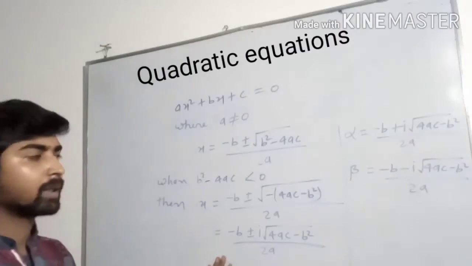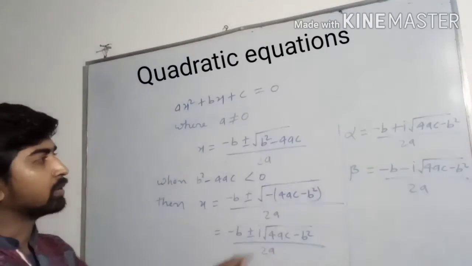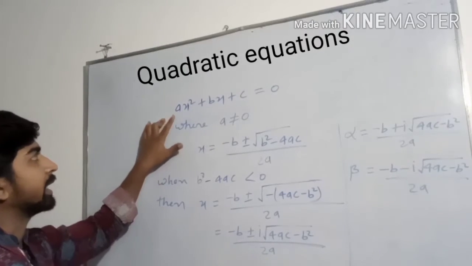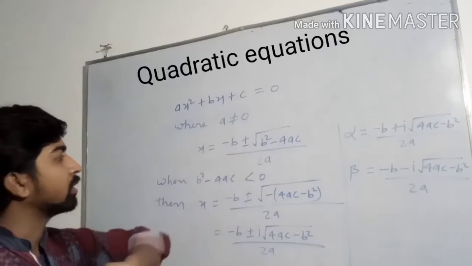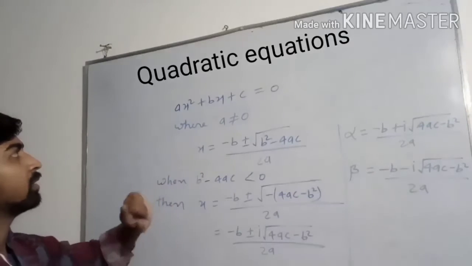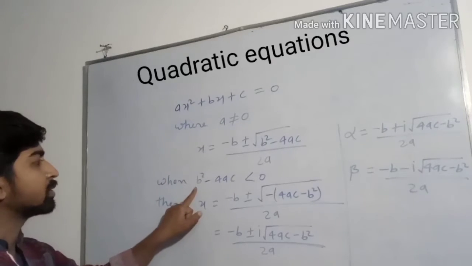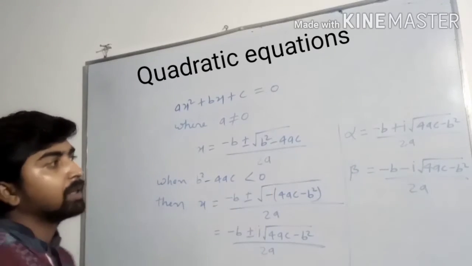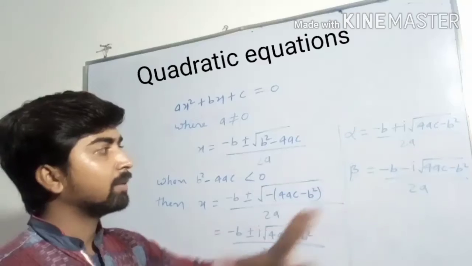These are the two roots of the quadratic equation ax² + bx + c = 0 when the discriminant b² - 4ac is less than 0. Then the roots are complex and distinct.